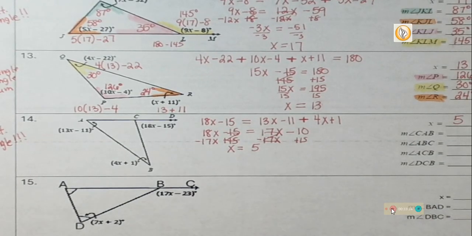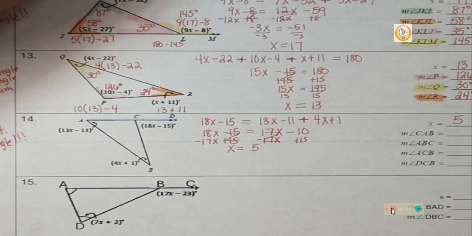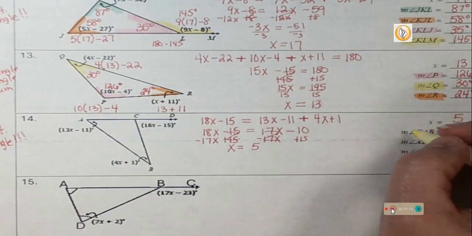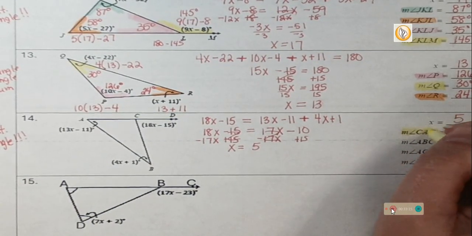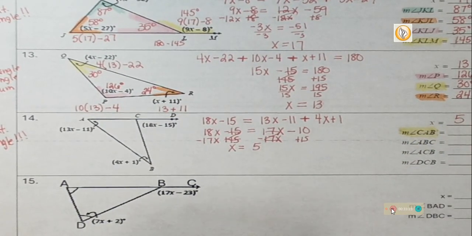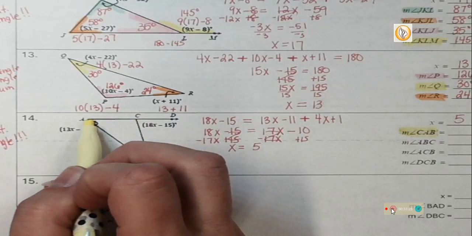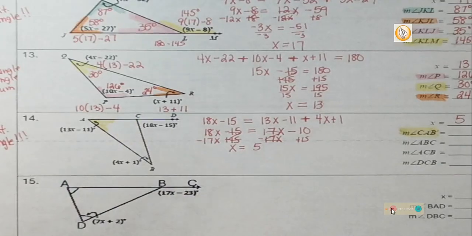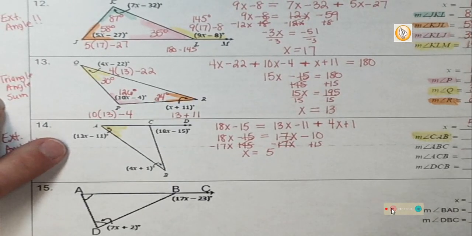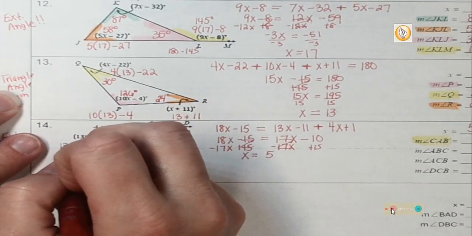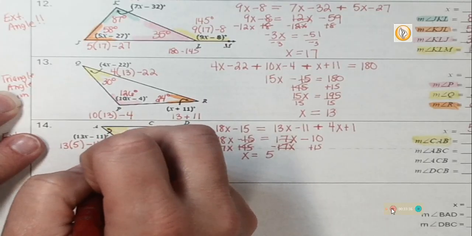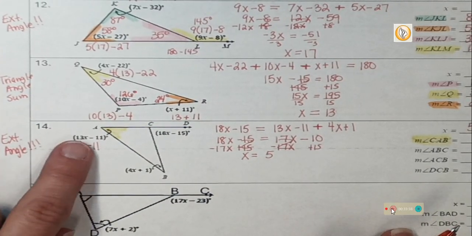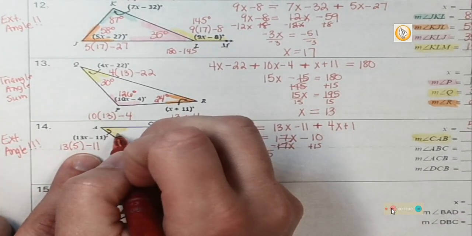All right, I'm going to color code again. So I'm going to take my yellow. My yellow is going to be angle CAB. That would be this angle right here. So that angle is 13x, which I now know is 5, minus 11. What is 13 times 5 minus 11 going to give us?